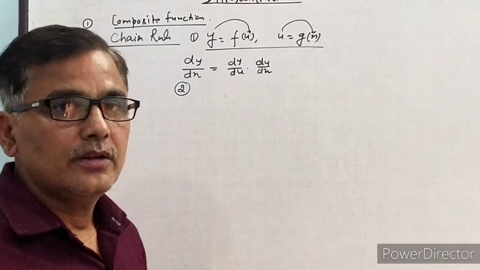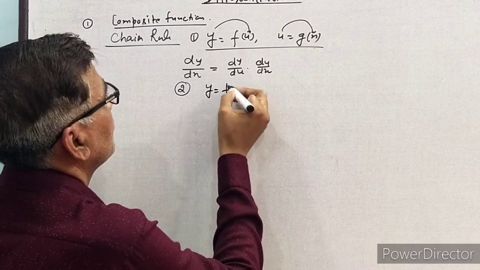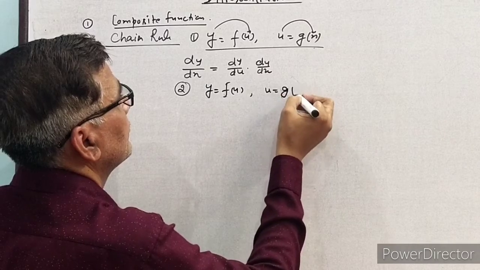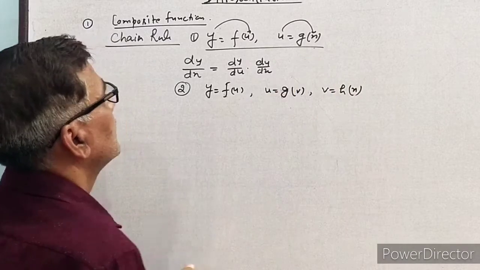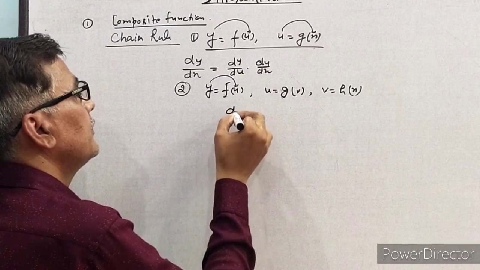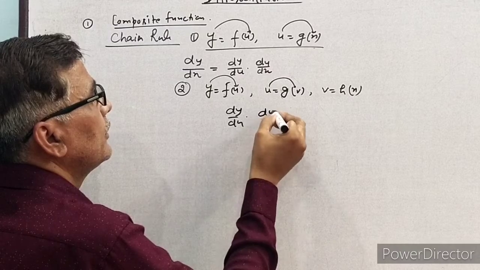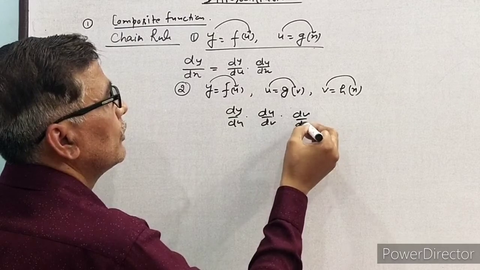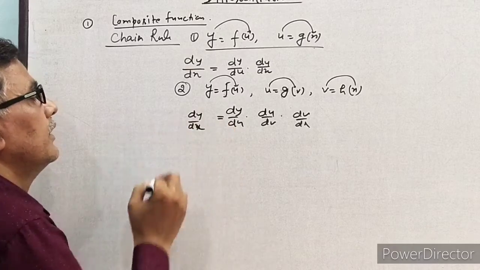Similarly, if we are having double composition, y is a function of u, u is a function of v, and v is a function of x, then we have to differentiate y with respect to u, meaning dy over du, u with respect to v, meaning du over dv, and v with respect to x, meaning dv over dx.